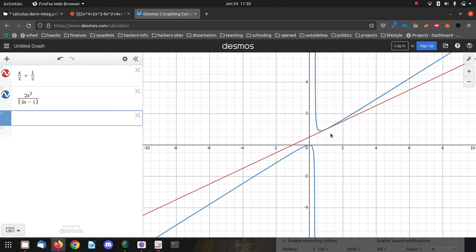And lo and behold, you can see right there it is tangent beautifully right there at 1, 1. Bam. That's 1. That's 1. And that's right where it's tangent, and it looks beautiful. Really nice visual confirmation there, and now 62 is done.